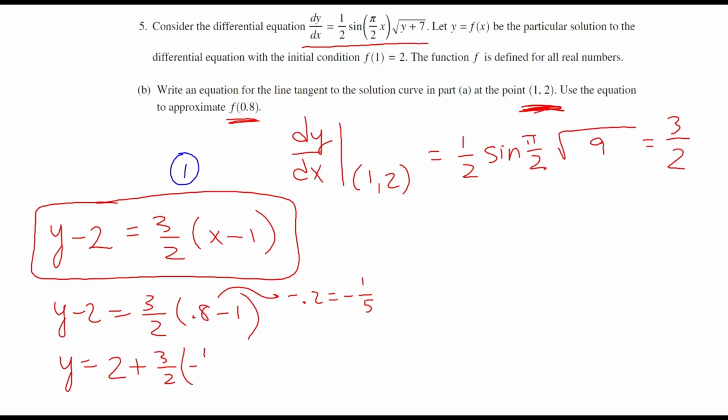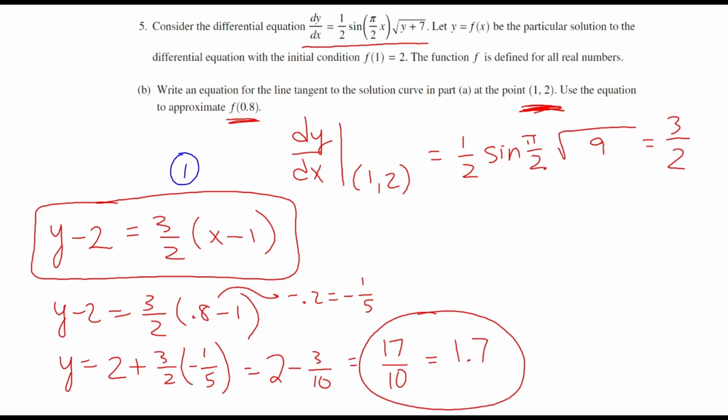So I have 3/2 times negative 1/5. Or in other words, what we have here is 2 minus 3/10. And so you could either give an answer of 17/10, or you could call it 1.7. Any of that's fine. And that would be our answer to get our second point there for part B. That's our approximation of f of 0.8 using the tangent line.